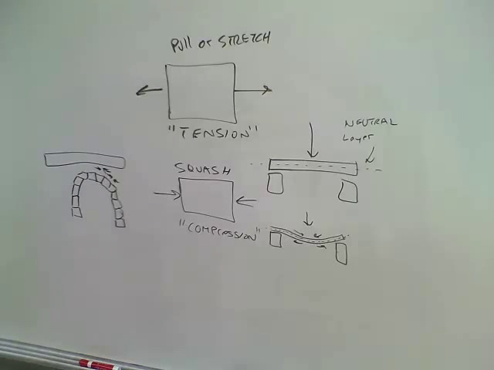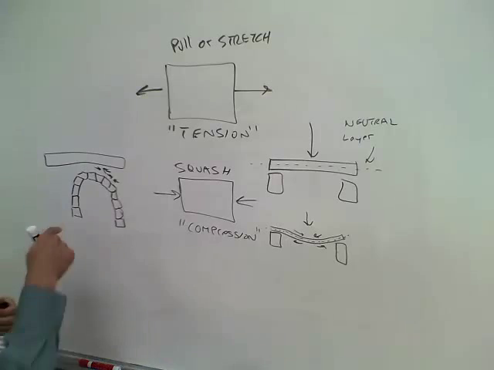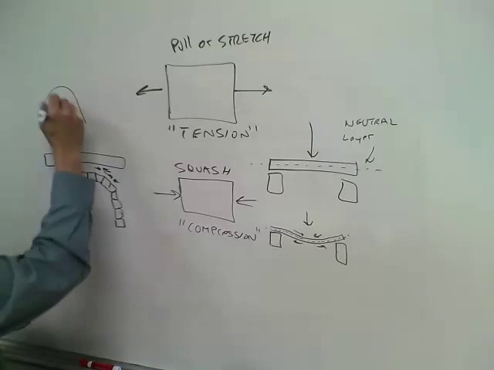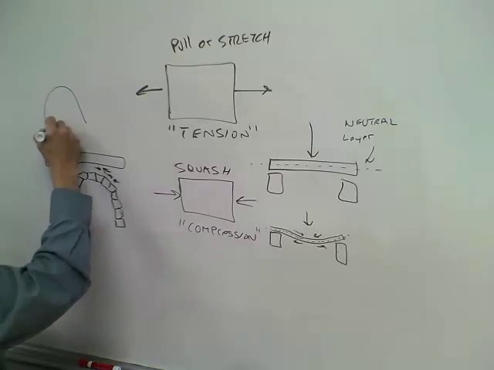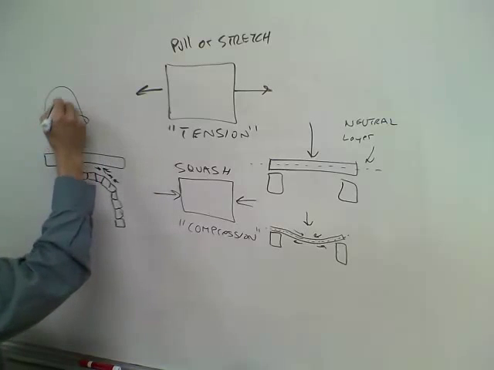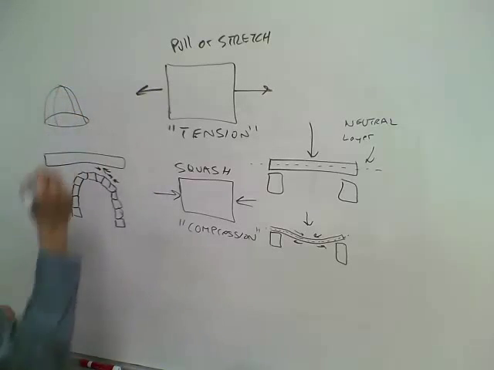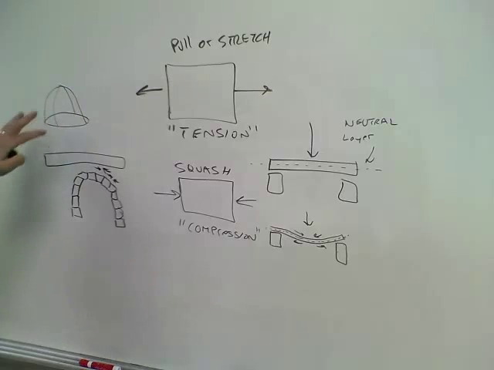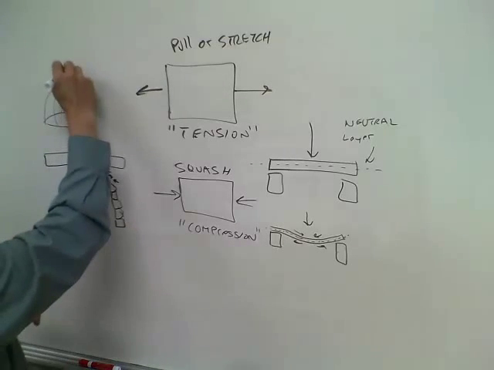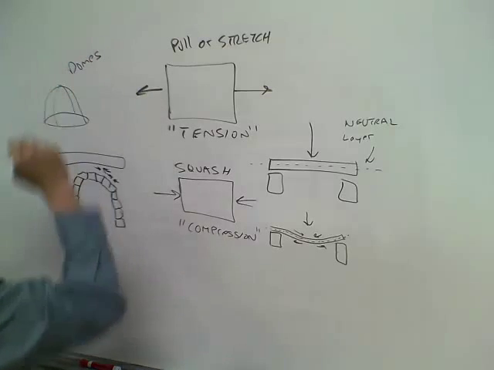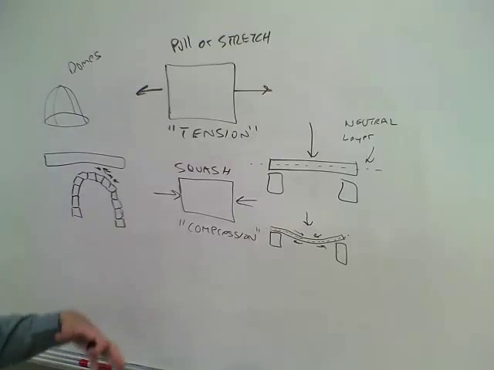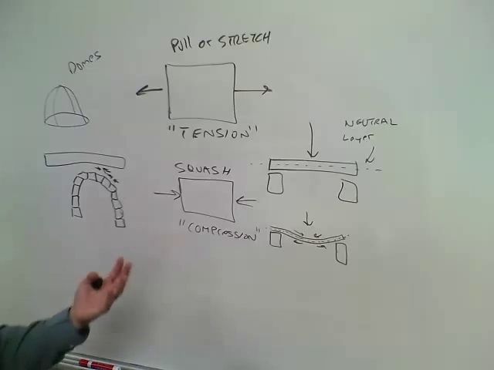Now another thing to think about is if you take an arch and you rotate it through 360 degrees, you get a dome. And why are domes so useful? Because domes enable us to put roofing over a large area without having to introduce a support column or beam.